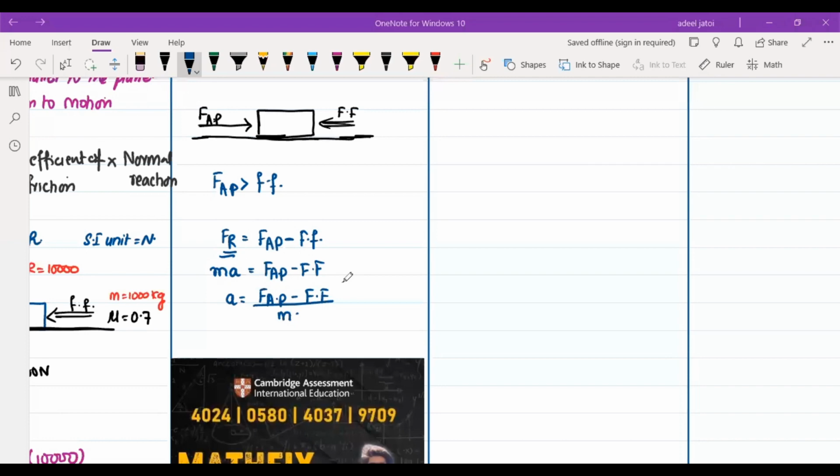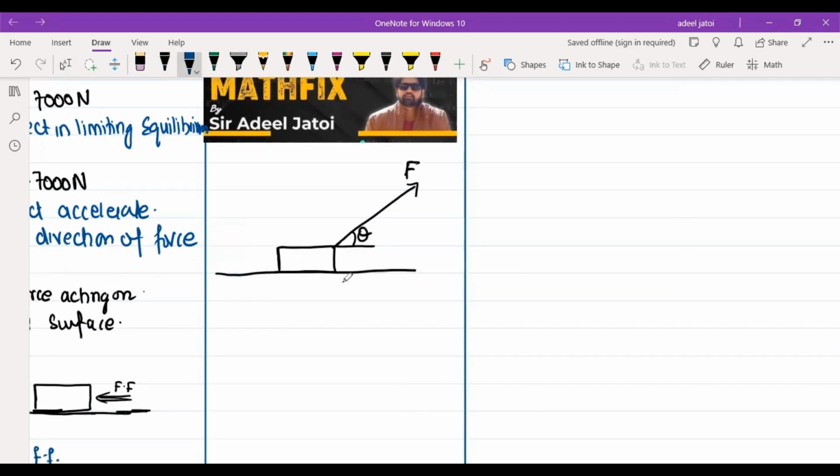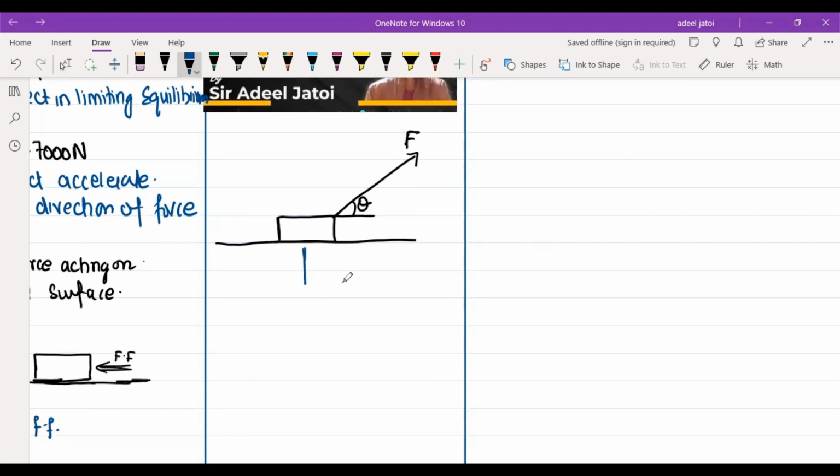Let's just work upon another object. Let's say this is your block and this is your plane. Now there's a force being applied diagonally, and let's say there's an angle as well. So we know one thing, that there would be weight, which will be known as your mg, right?